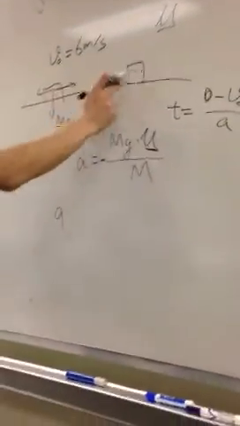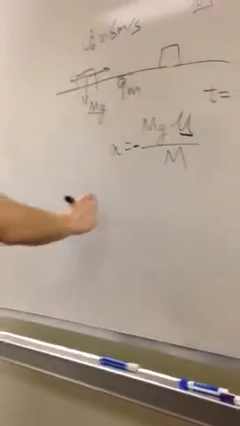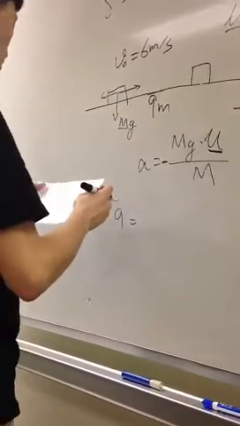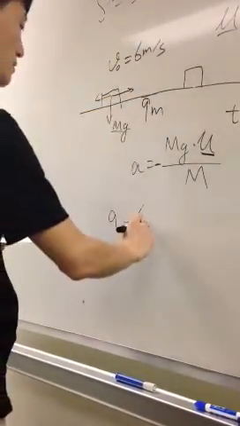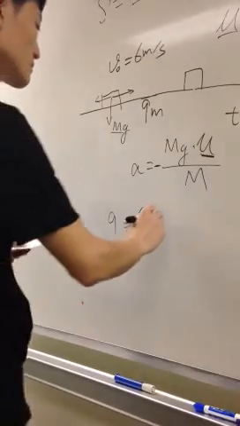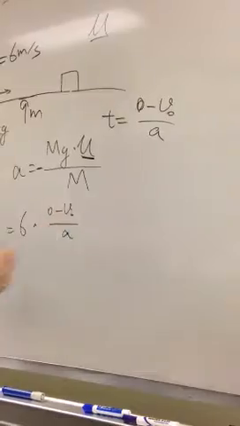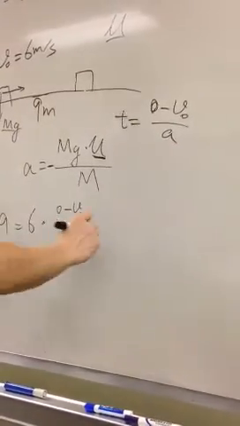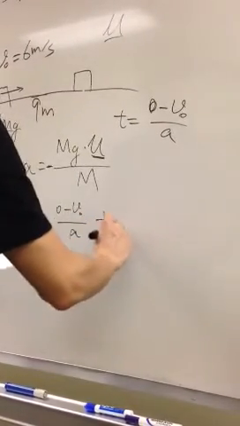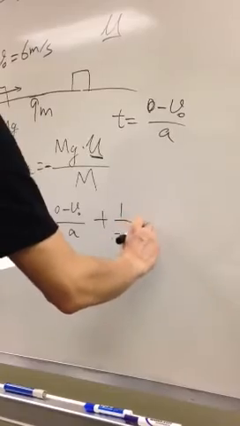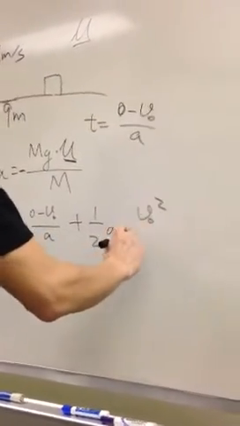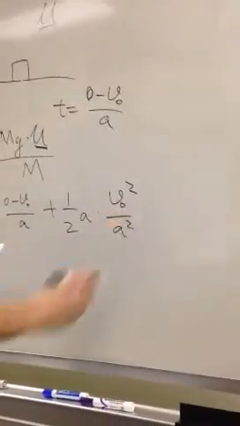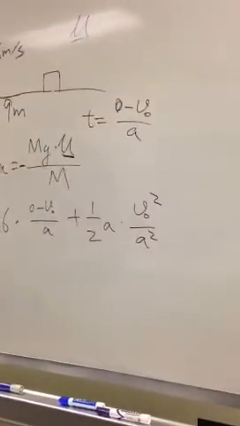You move 9 meters, then it stops. Initial velocity we know is 6 times t, plus one half a t squared. Okay.